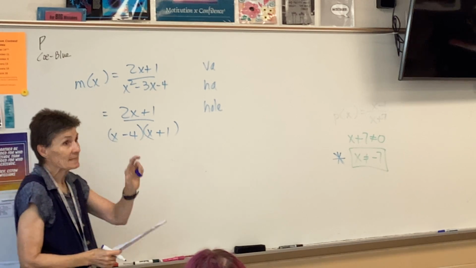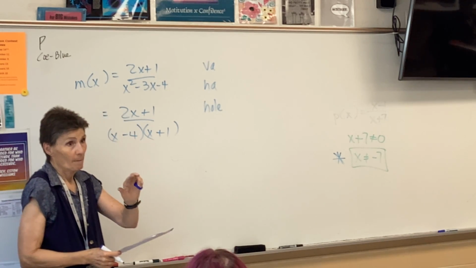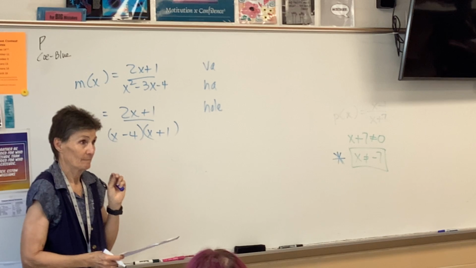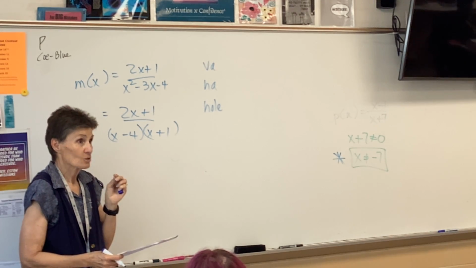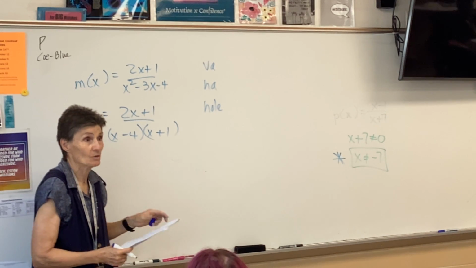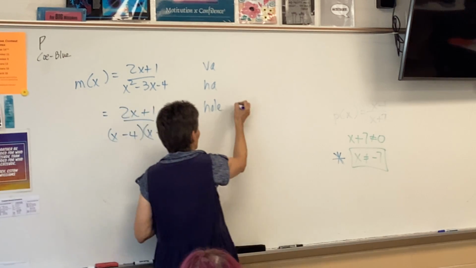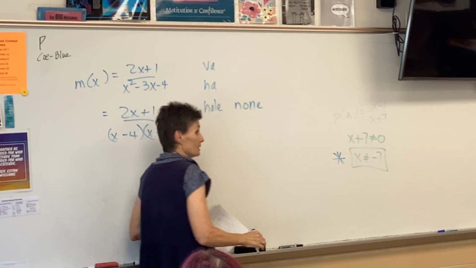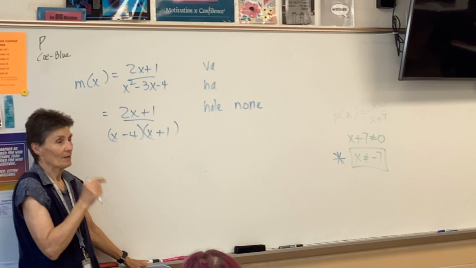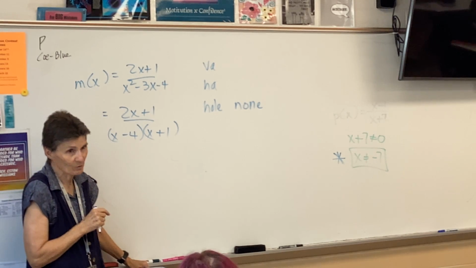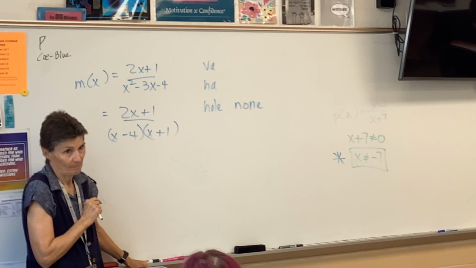Now, we needed to do that, but nothing cancels. So what does that mean? If nothing cancels, that means no holes. So we just write none here. Don't leave it blank. If you leave it blank, it looks like you don't know what you're doing. Write none.